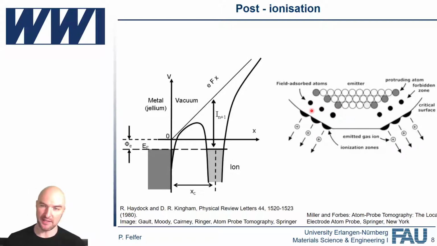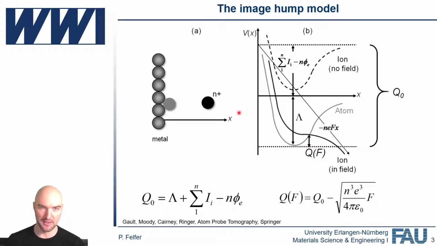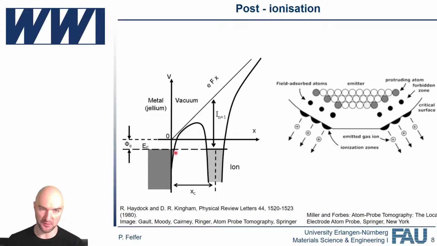The same thing can, by the way, happen to ions when they depart the surface. So if we look at the process, and we're seeing an ion moving to the right here, then eventually that ion will also be far enough away for the electrons to be able to tunnel back into the material. This is something that's been discovered already in the 80s.